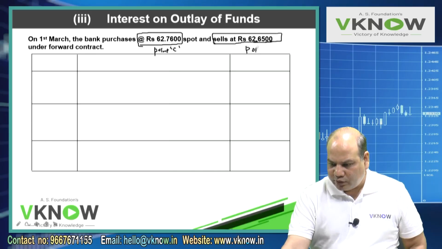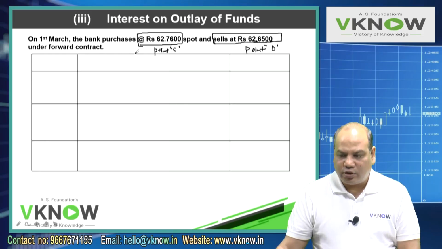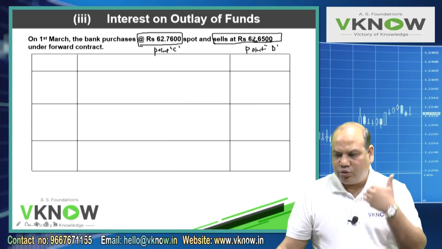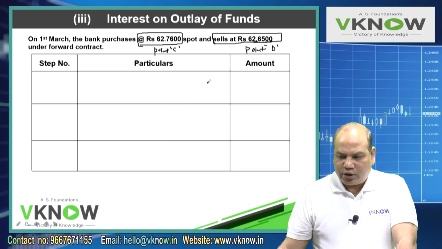You have written this in point D of your summary, 62.6500. This figure also appears in point B, under which the bank has to deliver $10,000 to the interbank at 62.6500.